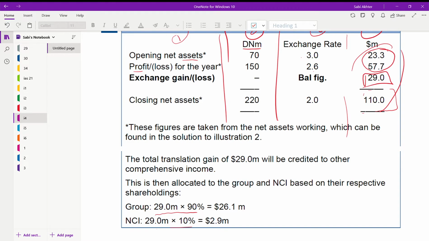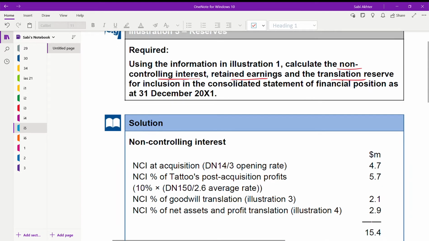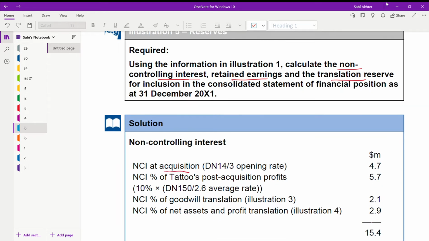Okay, now let us go to illustration 5. Same using illustration 1. Calculate NCI, retained earnings, translation reserve. Okay, so when you're calculating NCI, you start with the date of acquisition. NCI was given to you in DN 14. You have to use which rate? Opening rate. They have already given you that opening rate. NCI at acquisition, that's why you are using opening rate.